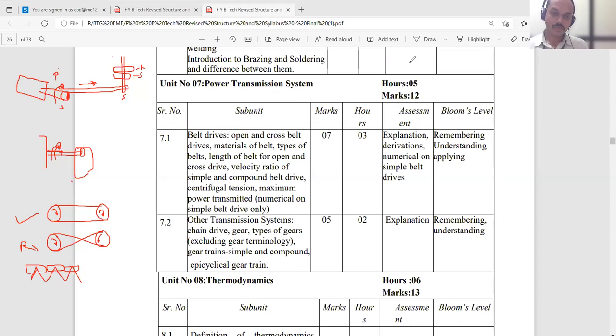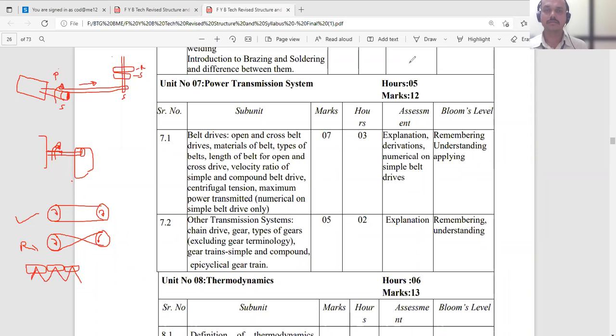Okay, now after that, next one, write down chain drive, comma, gear, comma, types of gears. Types of gears into the bracket, excluding gear terminology.